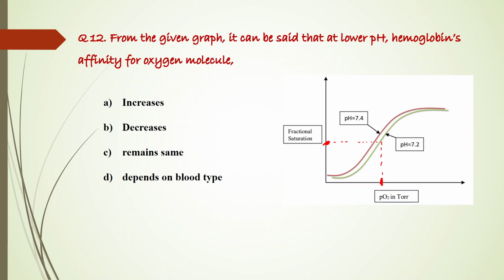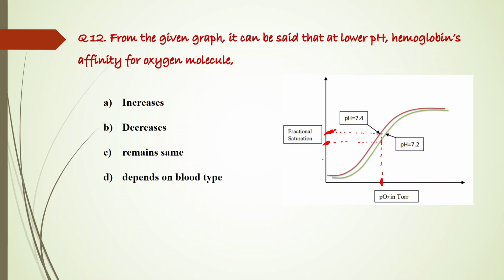And what is it for the red curve? That is pH 7.4. This will go a bit more up. And for pH 7.4, this is your fractional saturation. So obviously what we can see? At pH 7.4, that is the red graph, at the same partial pressure of oxygen, the fractional saturation is much higher than that of pH 7.2.